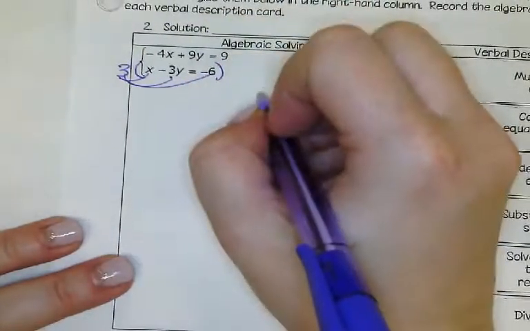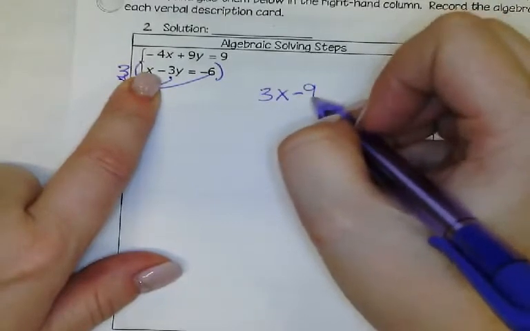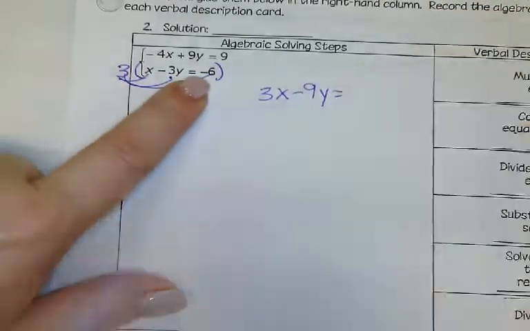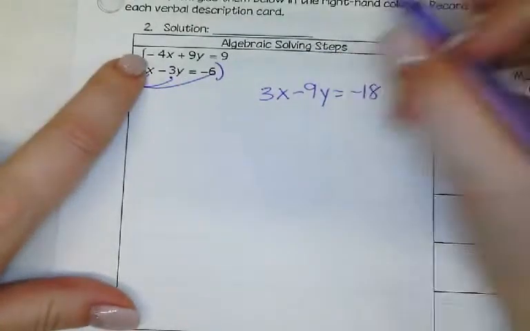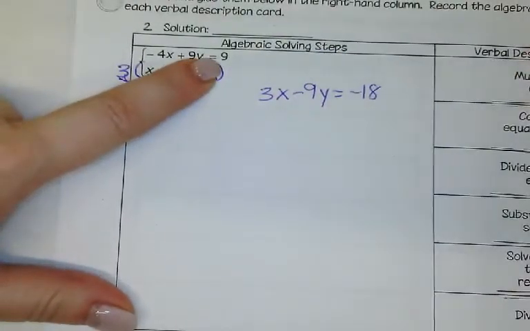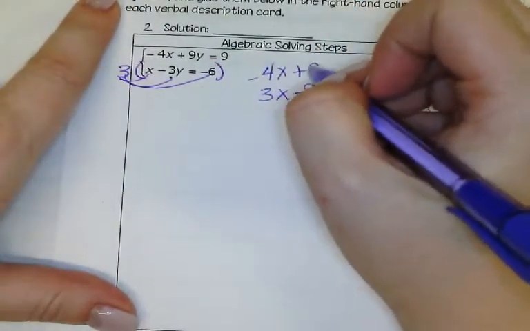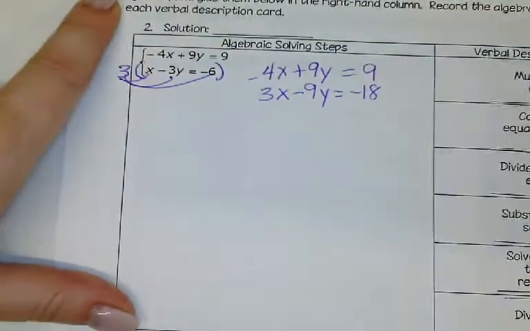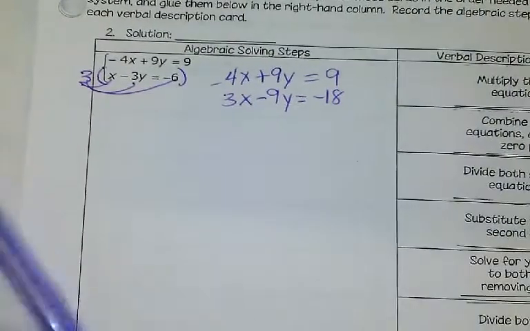So you have 3x, and then 3 times -3 is -9. 3 times -6 is -18. The other equation stays the same. So it's really important that you put those on top of each other like this. So now you're going to combine the 2 equations.